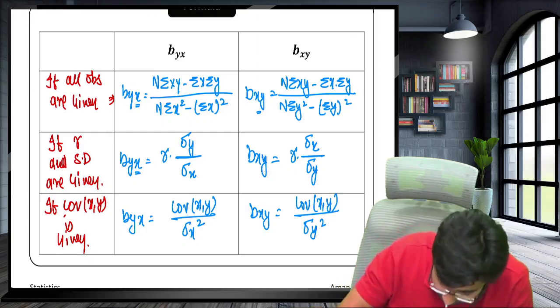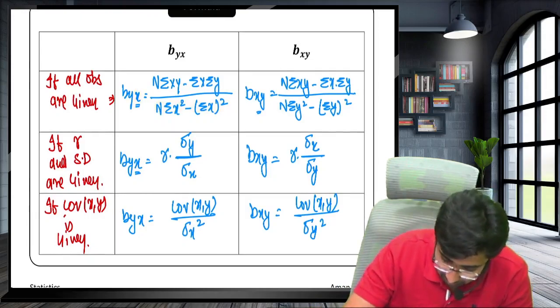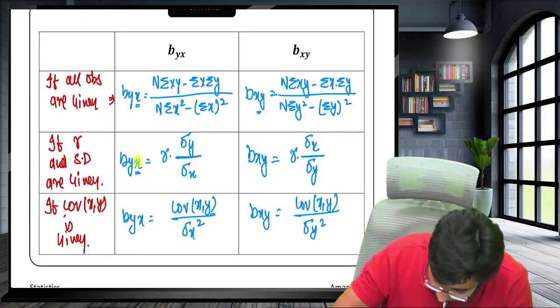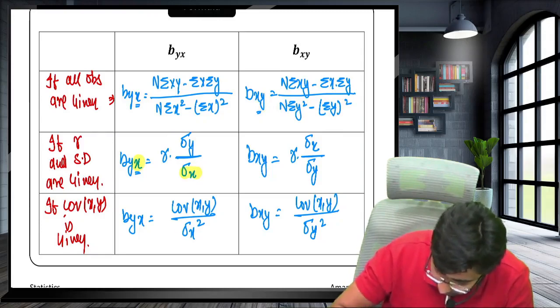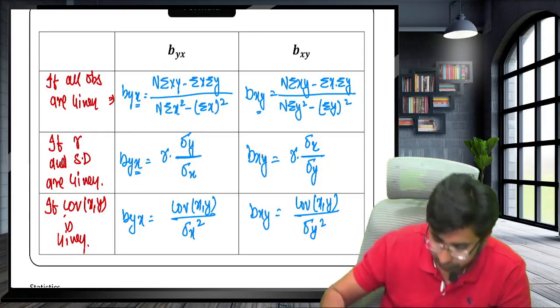See, when it is y on x, in the denominator there is x, and when it is x on y, in the denominator there is y. Guys, I hope this point is clear.